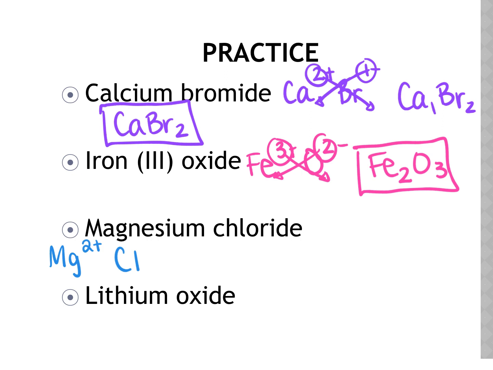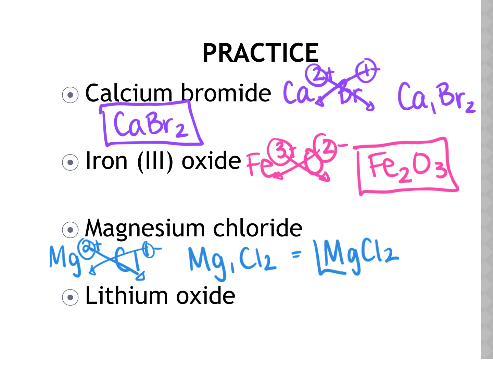No. Just -1. Right. Check out the column it's in. Oh, I was in the column over. That's okay. Okay, so now, once we know the charges, what do you do? Crisscross. So we end up with Mg1, Cl2. Do we write the 1? Okay, so we're going to write it as MgCl2.